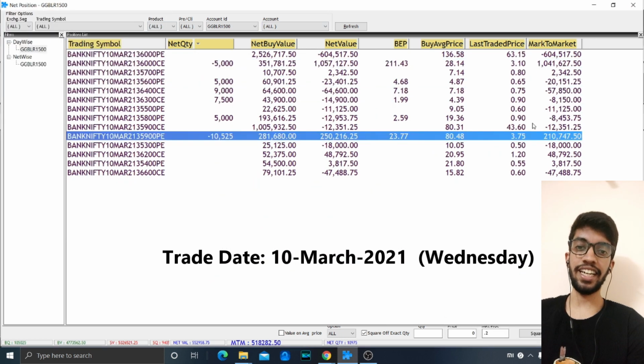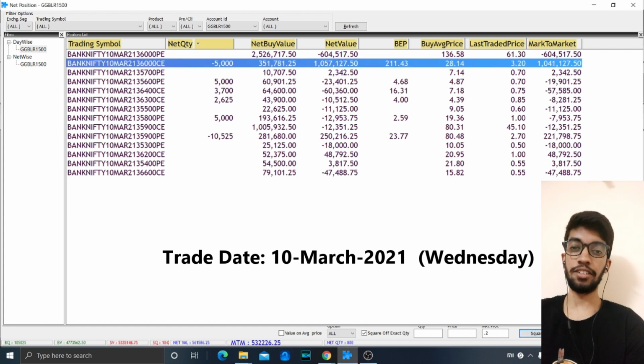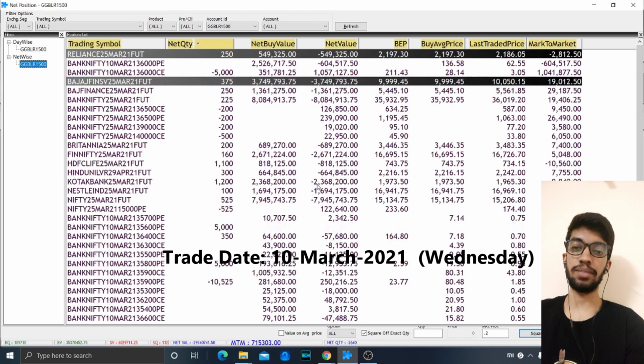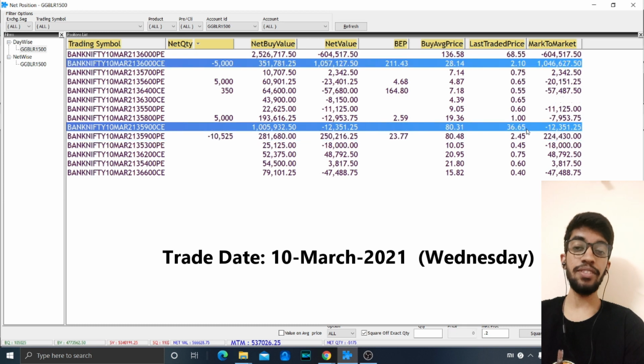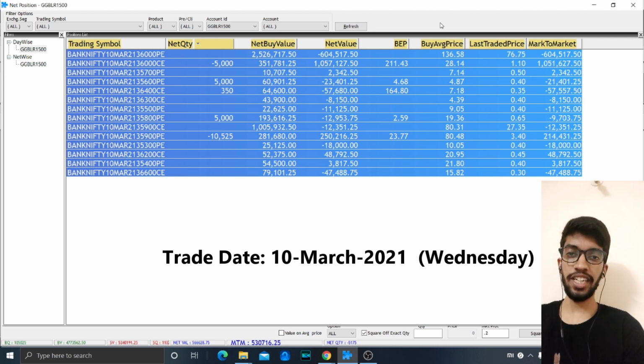Wednesday was an expiry day because Thursday, the 11th, was a holiday due to Shivratri. So Wednesday itself was the expiry day, and we were able to make some good profits. I have just noted it down. Wednesday we made a profit of close to 5.5 lakh. Wednesday's expiry went really well.